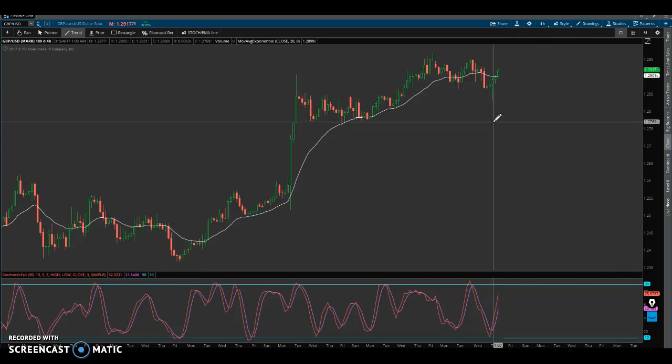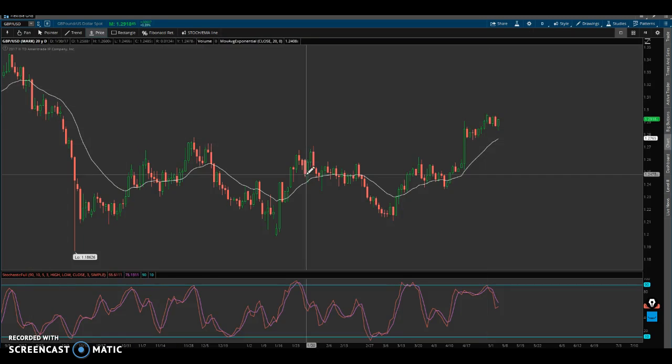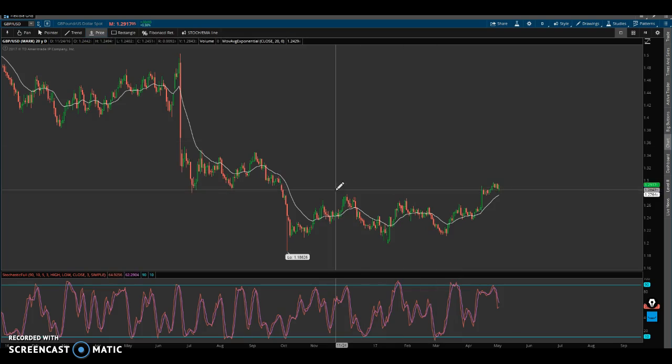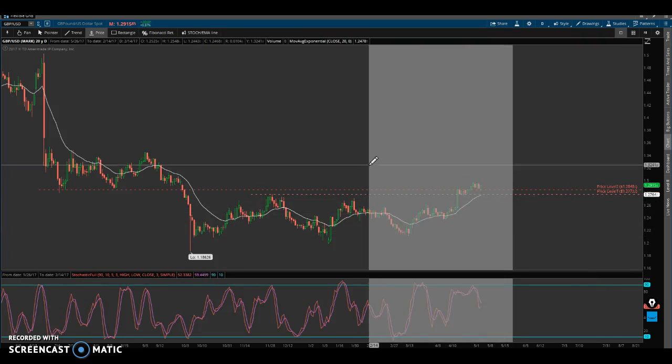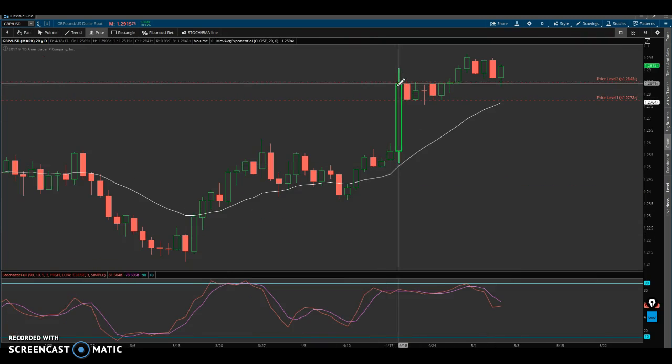If we move down to the 4-hour chart, I actually marked up a level on here. We had broken up and closed above these levels here. So I had that level marked, and I also had this level marked right around here, which happened to be pretty much the close of this candle here.